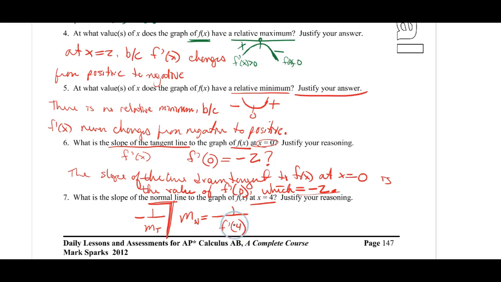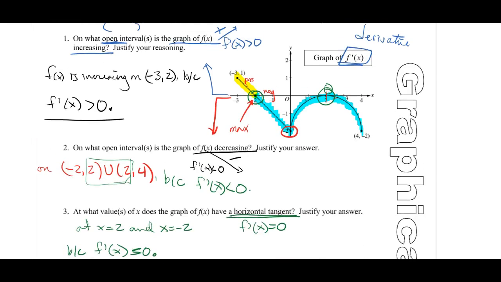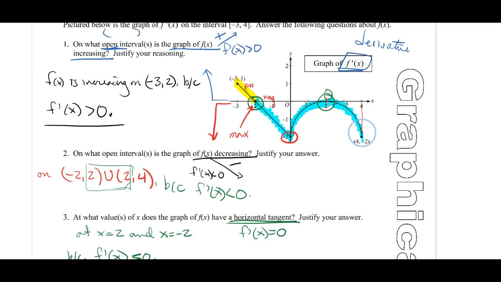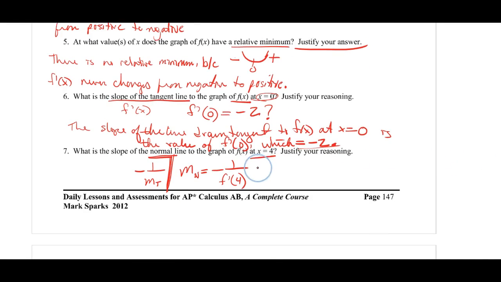So I want to find what is my derivative at 4. Go up to the graph. At 4, my derivative is -2. And plug that in. -1 over -2 is +1/2. So the slope of my normal line equals +1/2.